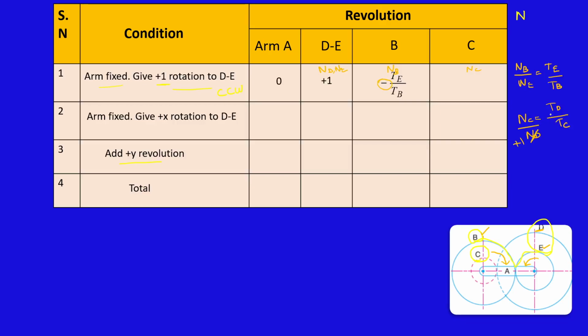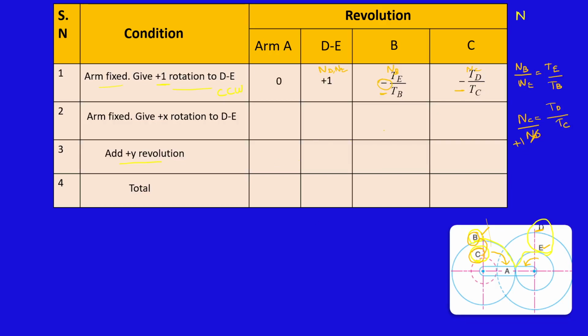So NC equals TD divided by TC into 1. Now, what is the direction of gear C? C and B are in the same direction because both are connected on the same shaft. We already know the direction of B. Direction of B is minus, which means direction of C is also minus.